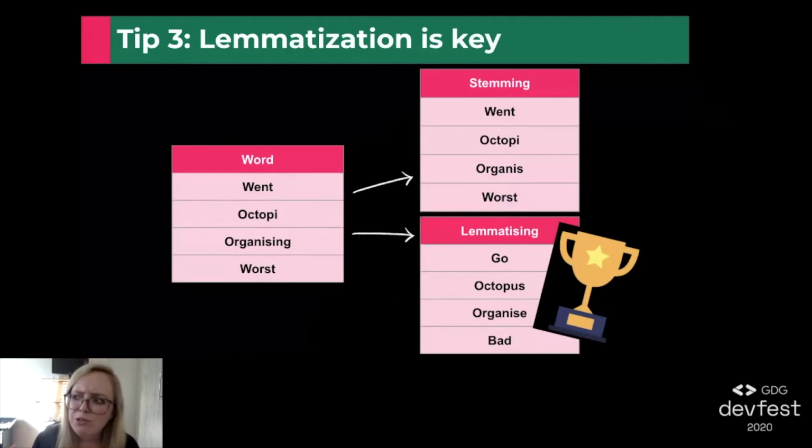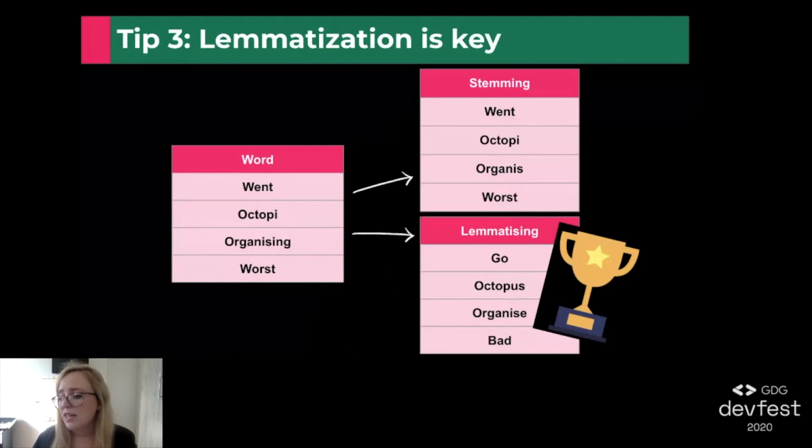And frustratingly, organizing was converted to the word organist. That's extremely frustrating in text analysis because we would expect the word organizing to be transformed to the word organize. Organist and organize would still be seen as two different terms in our text analysis, so actually that wasn't helpful at all.